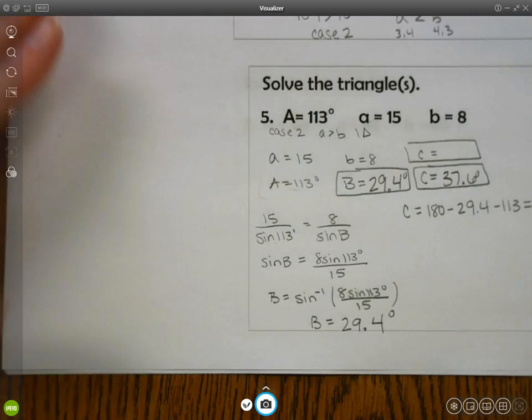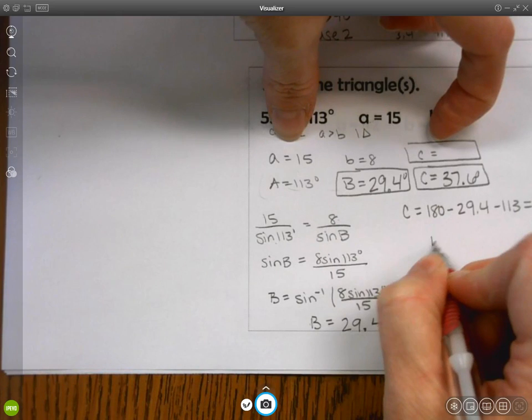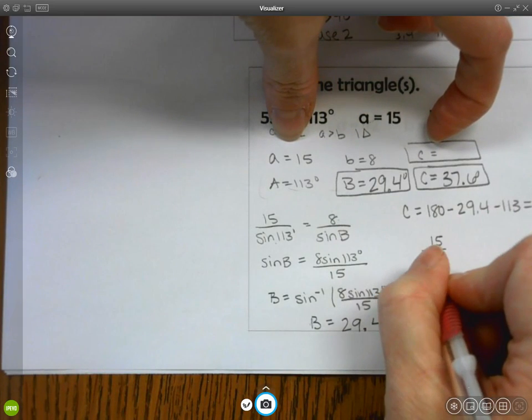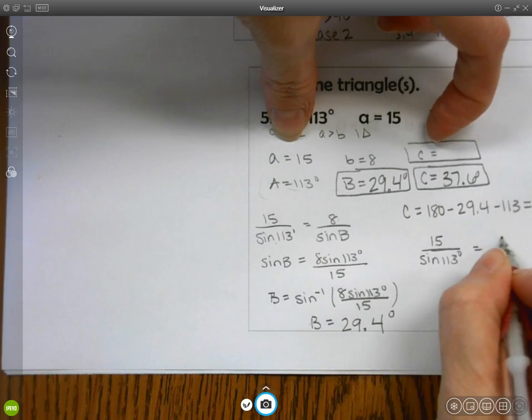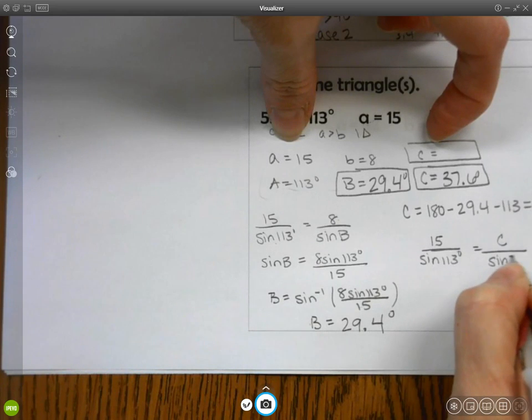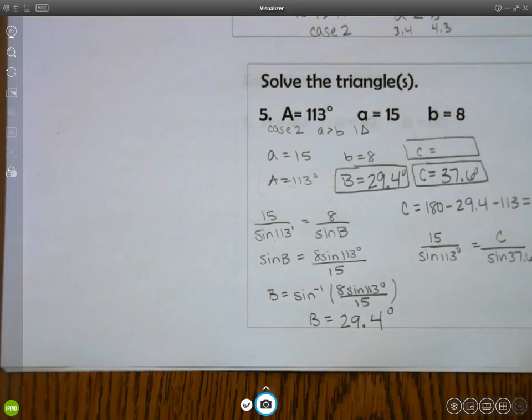All right, and then from there, I always like to go back to what they gave me so I have less opportunity for mistakes to be in the work. So we're going to say 15 over sine of 113 is equal to C over sine of 37.6. So here we're looking for a side, so we're not going to use an inverse.